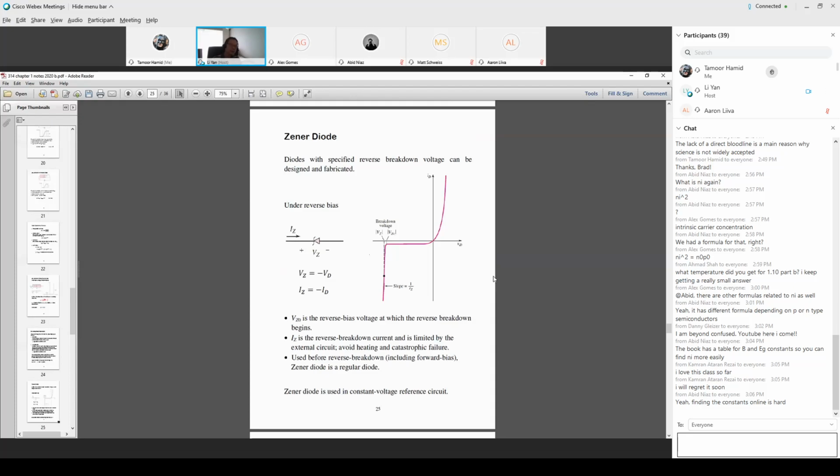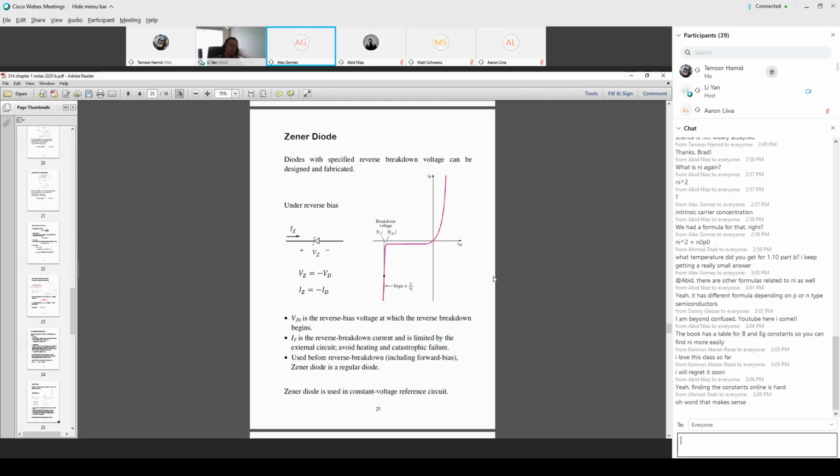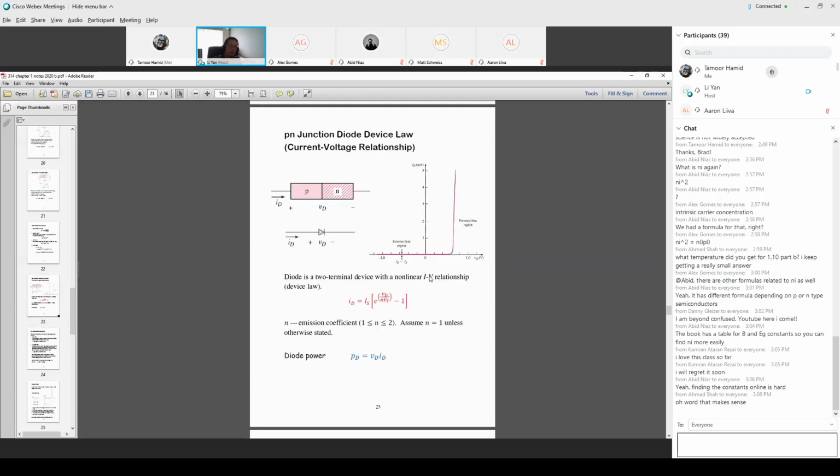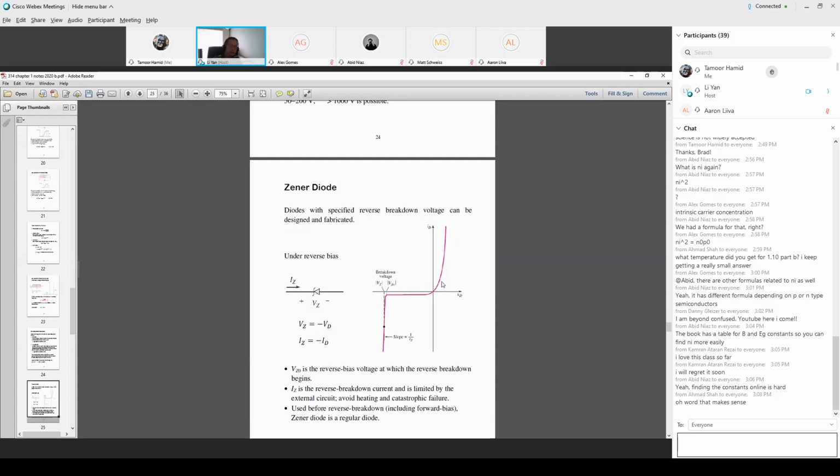The reverse bias saturation current equals the diode current at the maximum negative region. Later we talk about reverse breakdown. If you don't consider reverse breakdown, the graph goes this way and then stays unchanged.